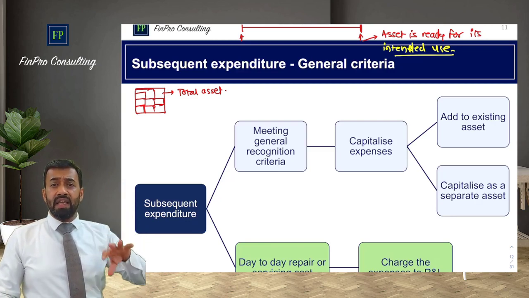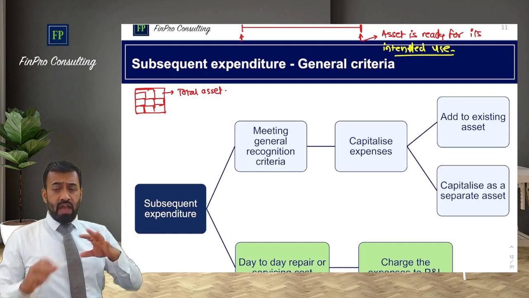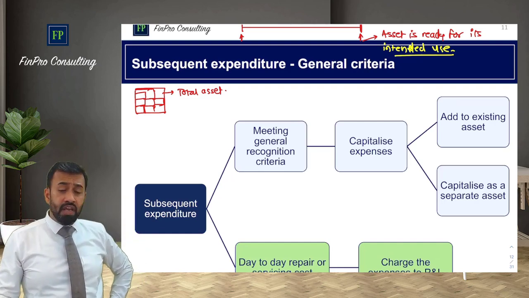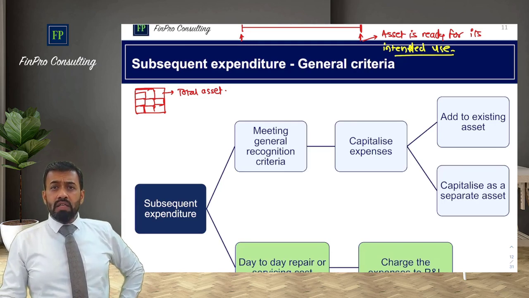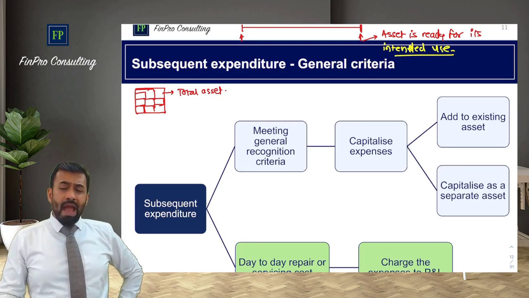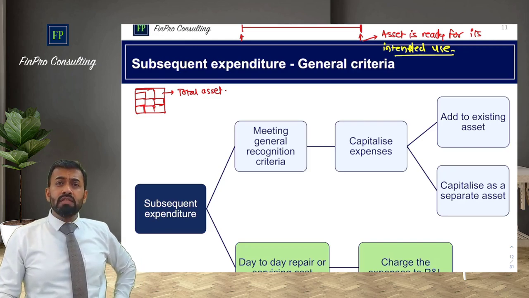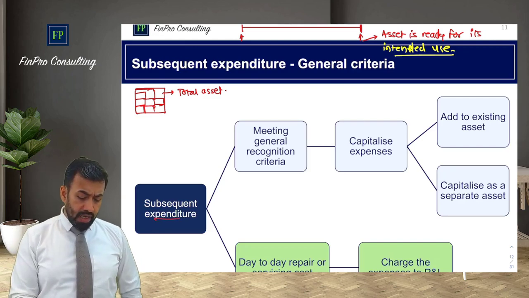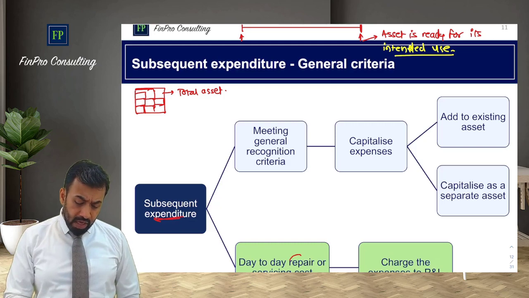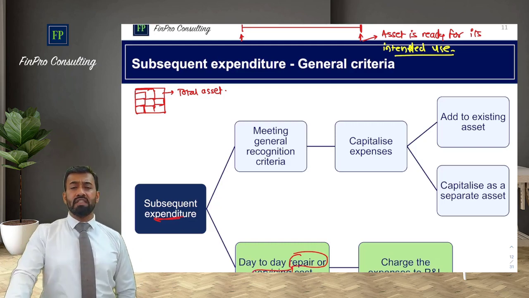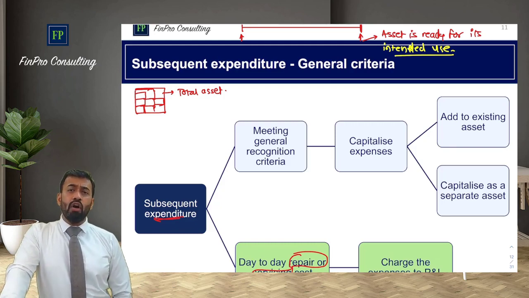An aircraft may have landing gears, may have interiors, may have an engine, may have an entire exterior body. All these things may have a different useful life. So these are not the subsequent expenditure of day-to-day repairs and maintenance costs. These are not of this nature. This may not always be.